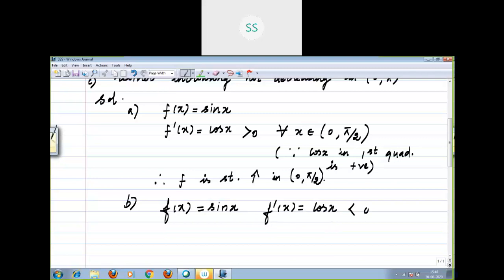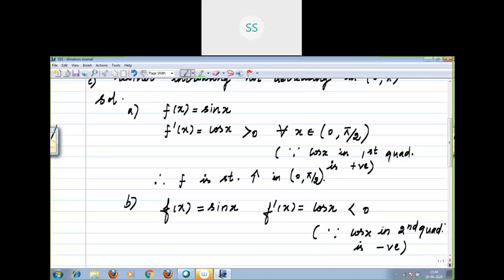Less than 0. Here, since cos x in the second quadrant is negative. Negative means you have to represent the symbol as less than.